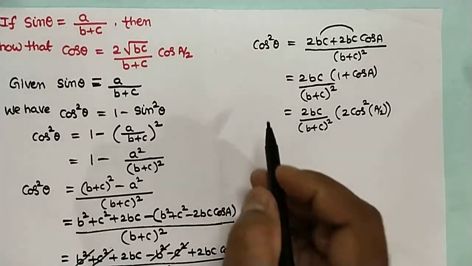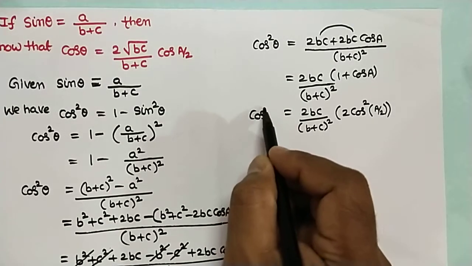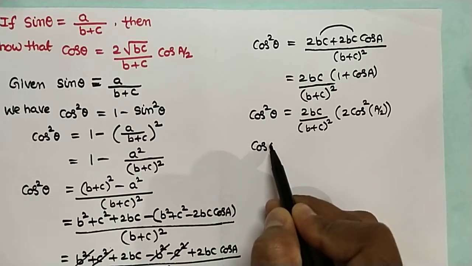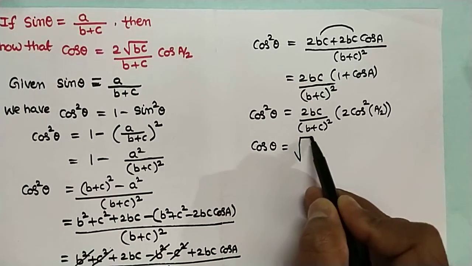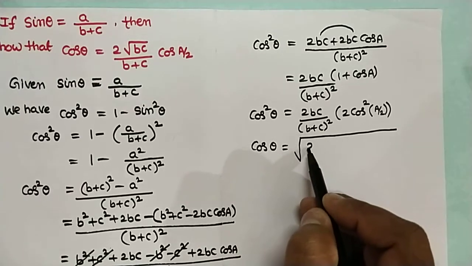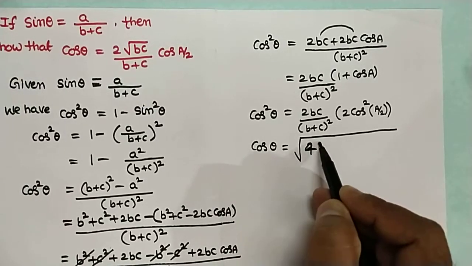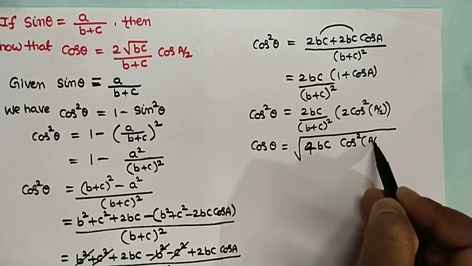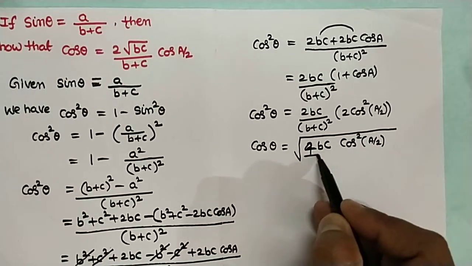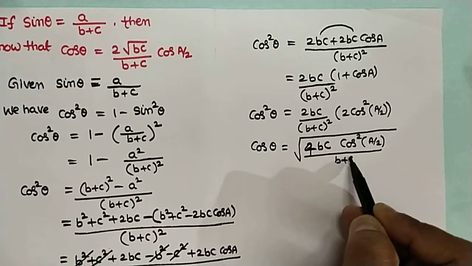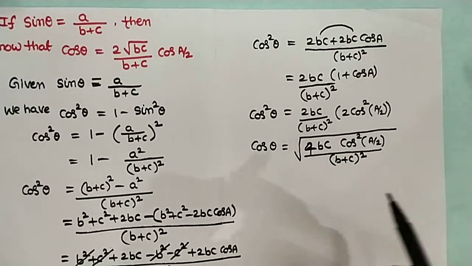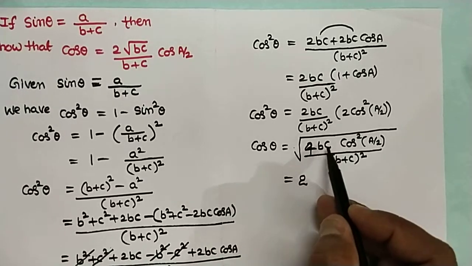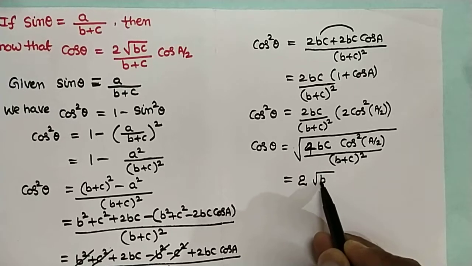So here cos square theta equal to this, but I want cos theta, no? So cos theta equal to square root of this complete expression: 2 into 2 is 4, bc cos square a by 2 divided by b plus c whole square. So 4 we can take outside of the root, it will become 2 root bc.